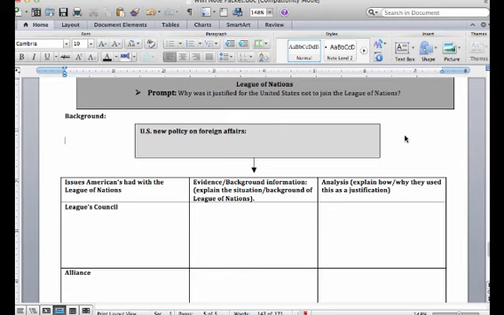But our government had this idea that our new foreign policy had to be isolationism. And we couldn't be isolationists if we joined the League of Nations. They were very fearful that getting involved in the League of Nations would pull us into a war. And we could not allow that to happen.